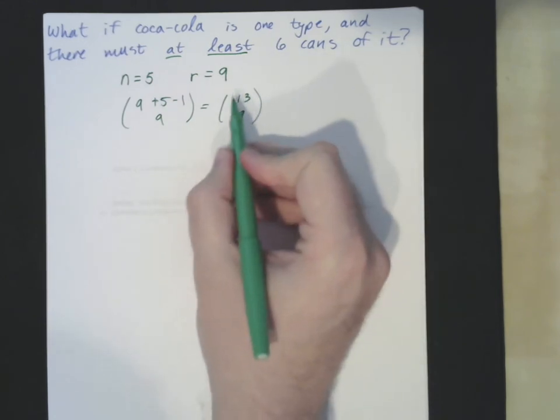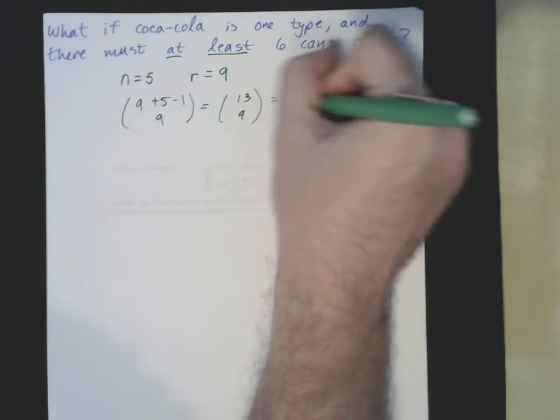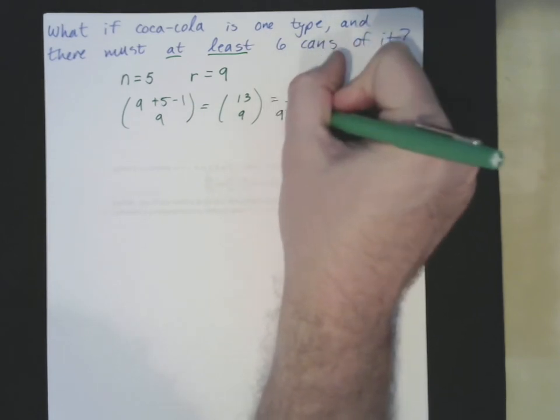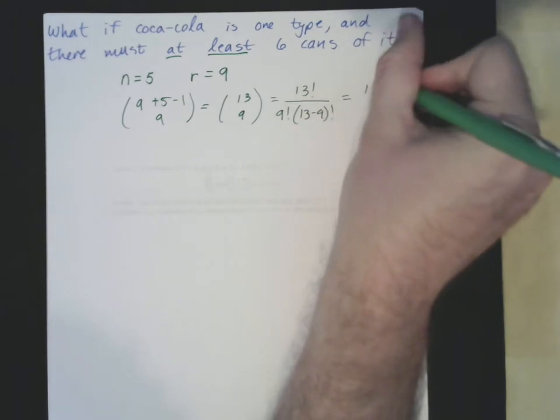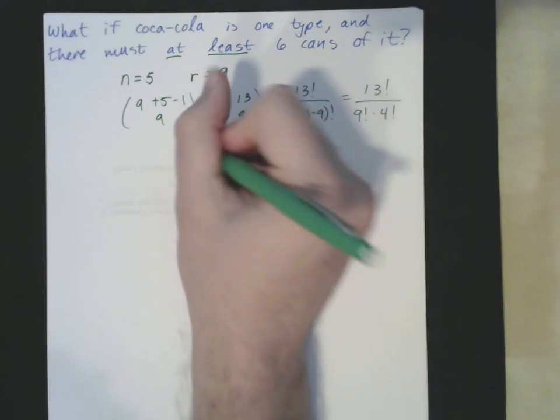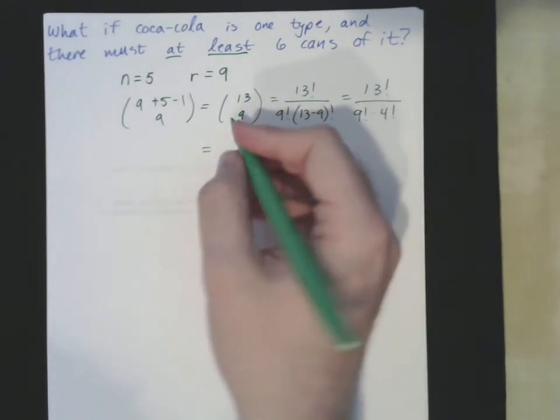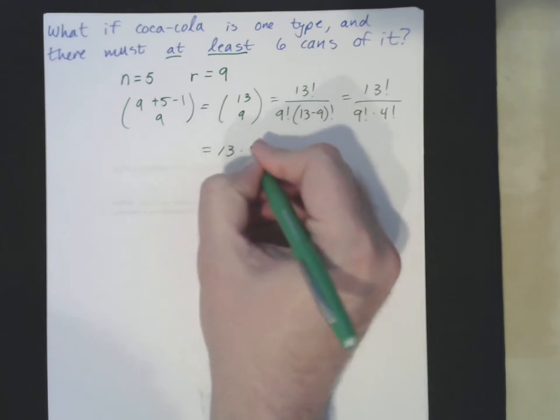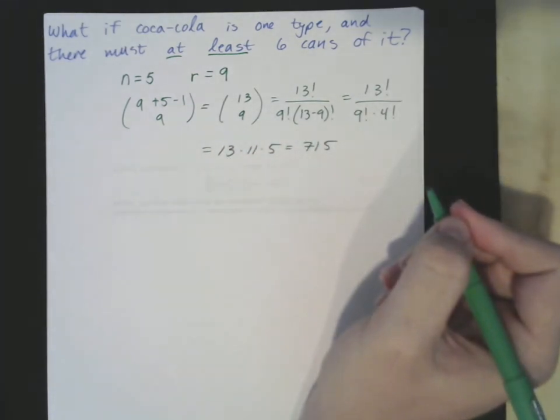Again, this number is bigger. So this is 13 factorial over 9 factorial times 13 minus 9 factorial, or 13 factorial over 9 factorial times 4 factorial. And when you reduce this down, you should get 13 times 11 times 5, or 715 options.